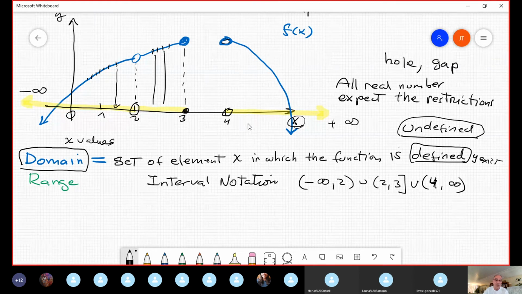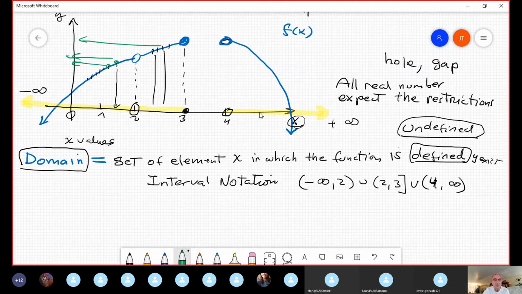The range is a little bit more complicated because the range is the Y. Well, no, not complicated because you're projecting now onto the Y. At the same point on the curve, you project it onto the Y value.